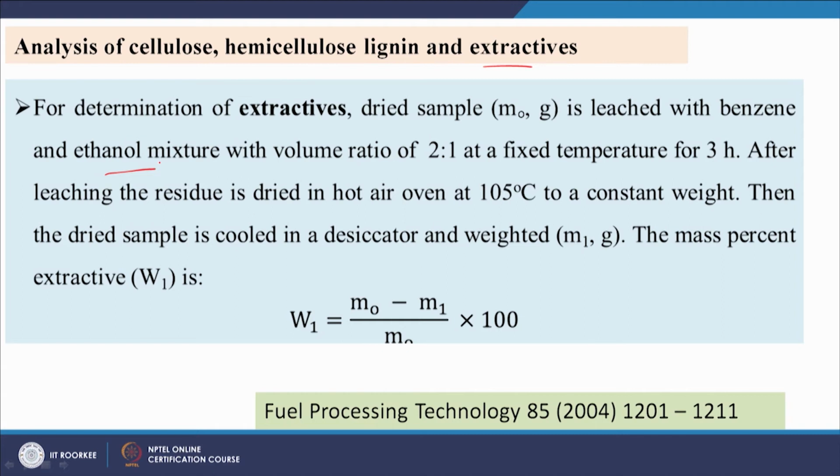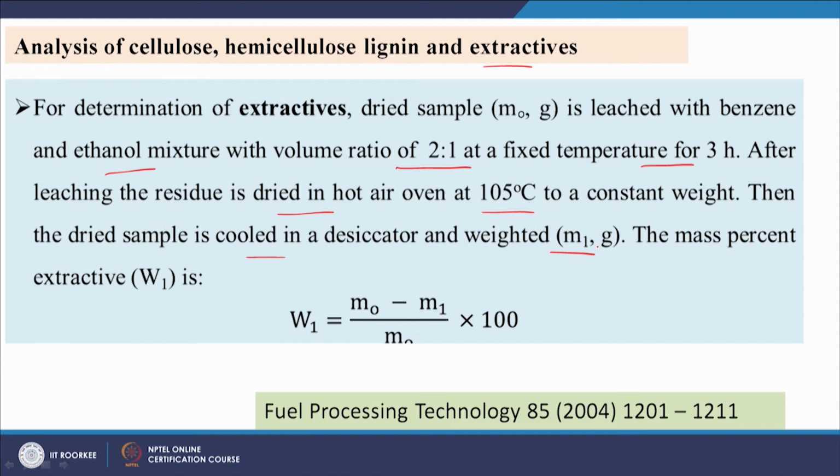The sample is taken into this, and after vigorous mixing with a volume ratio of 2:1 and a fixed temperature for 3 hours, after leaching, the residue is dried in a hot air oven at 105 degree centigrade to a constant weight. Then the dried sample is cooled in a desiccator and weighed, that is M1 we are getting.